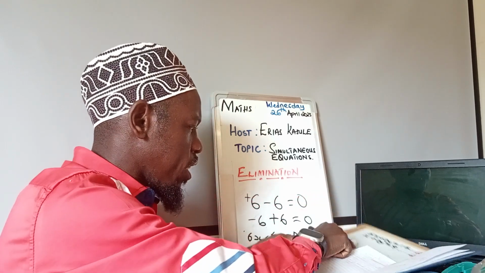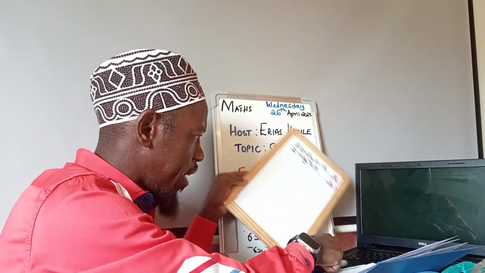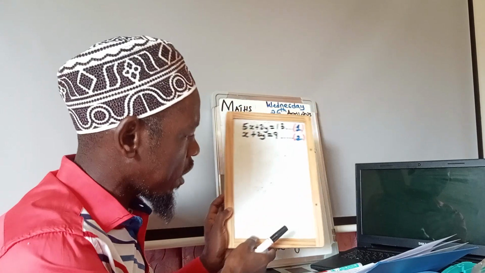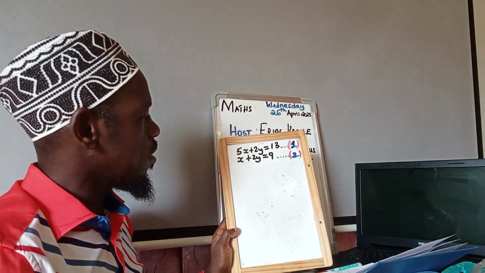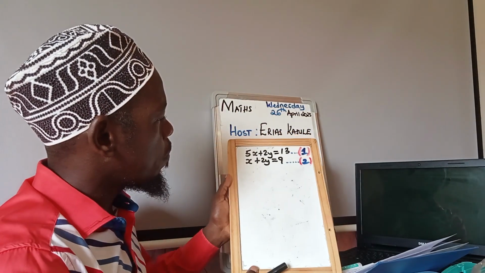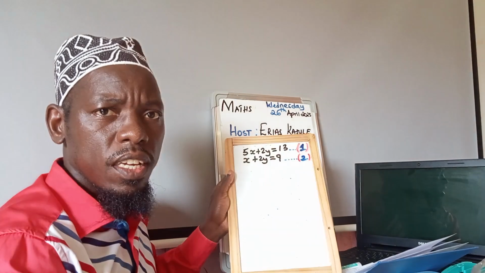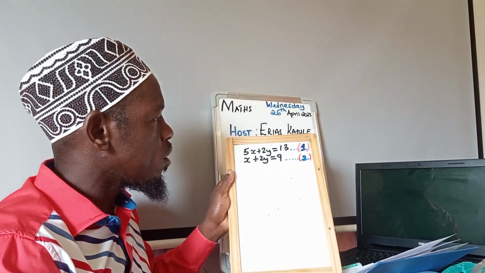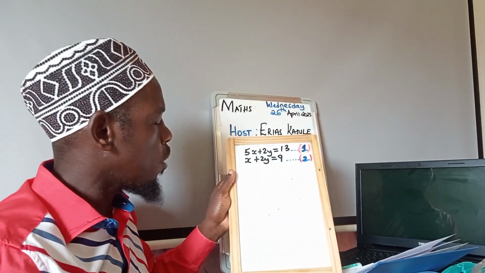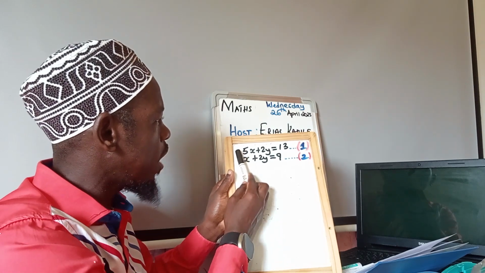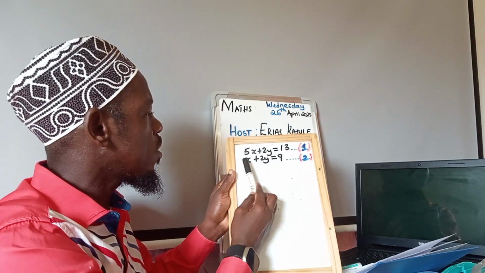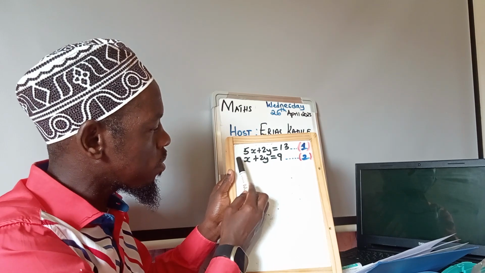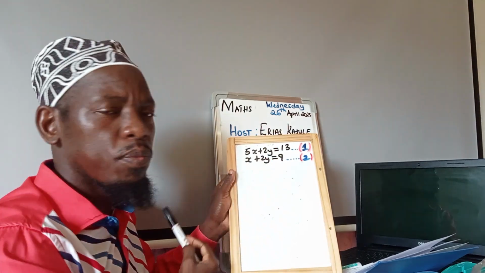So don't forget the equations that we used the last time. I still have them here, so we shall still discuss this for our elimination method. So focus again on the coefficients. Now we know the coefficients, that this is 5, this is 2, this is 1, we've just discussed this is 2.